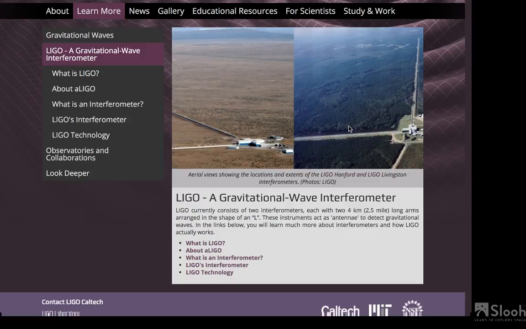Gravitational waves travel at the speed of light. A light year is the distance light travels in 1 year, because the speed of light is finite. So since gravitational waves travel at the speed of light, if the black hole collision was 1.3 billion light years away, the collision occurred 1.3 billion years ago. So we're getting gravitational waves that are 1.3 billion years old.